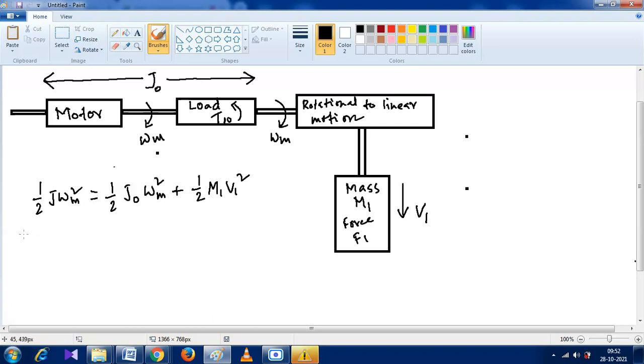From this equation, we write J is equal to J0 plus m1 times v1 by omega m square. We can write like that.